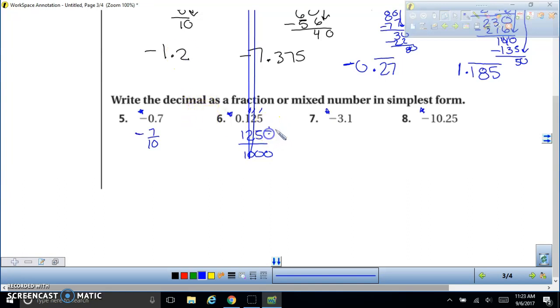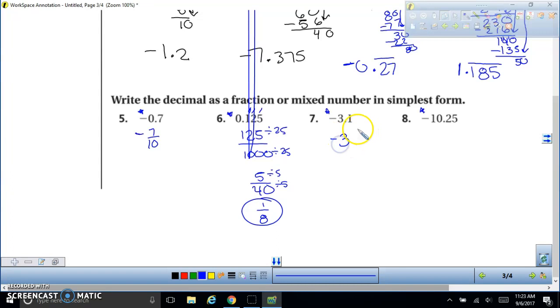I divide both sides by 25. 1,000 divided by 25 is 40. Can this be reduced further? Yep. Divide by 5. Divide by 5. 1 over 8. Done.